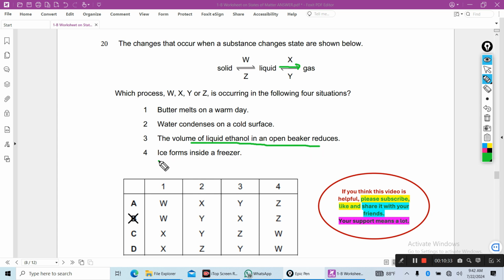And ice forms inside a freezer. This is freezing, liquid goes to solid, Z. So this is the answer. I mean all 4, W, Y, X, Z. B is the correct answer.